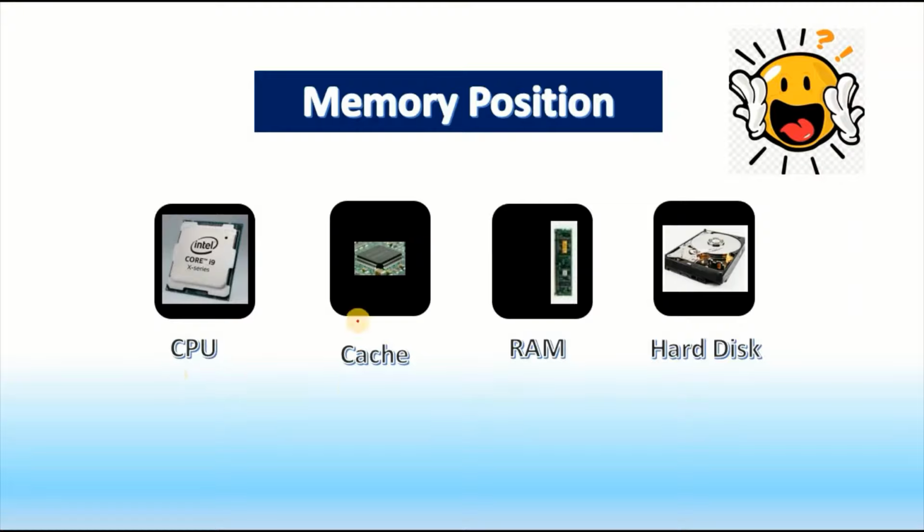What is the position of the cache memory? It is in between CPU and RAM. What is the main function of this cache? To maintain the speed.